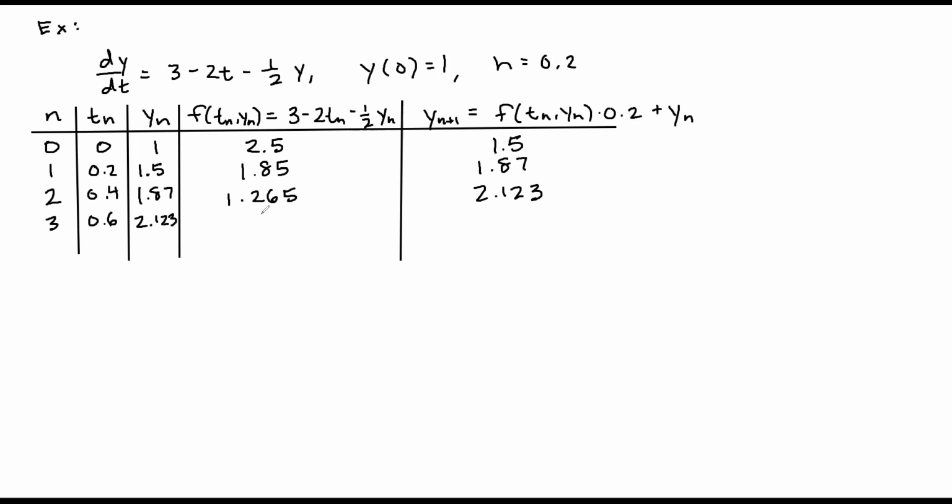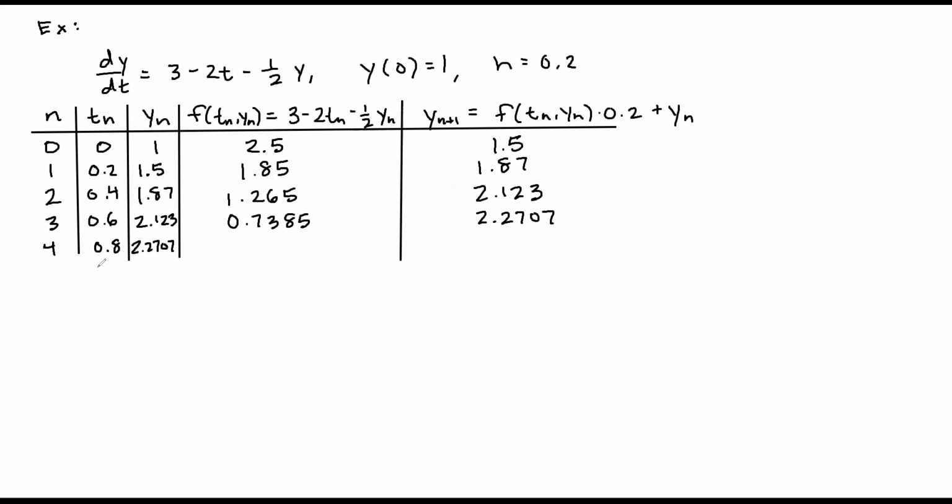So if you plug these two into our slope formula, you get 0.7385. And that corresponds to 2.2707. Which means that when n is 4, where we'd have 0.8 for t, then y sub 4 is going to be 2.2707.